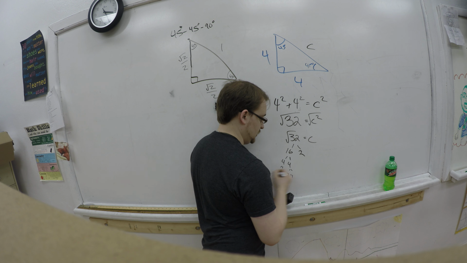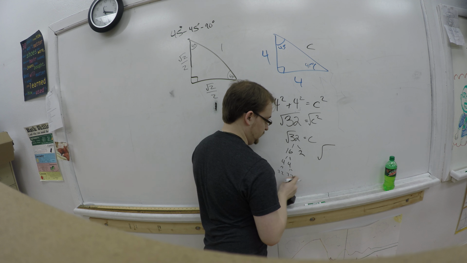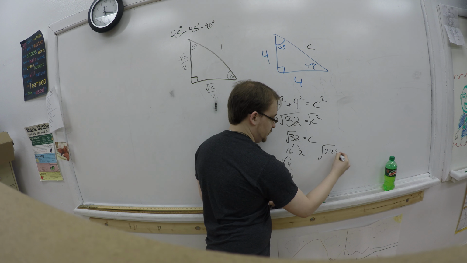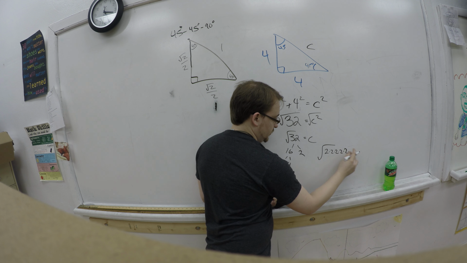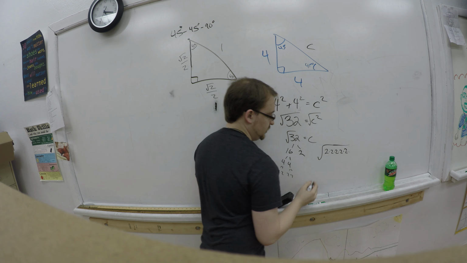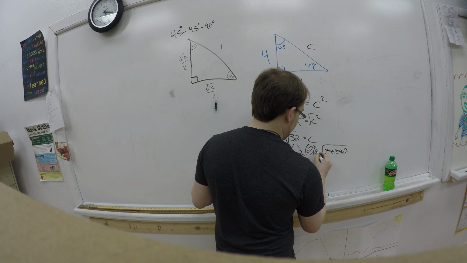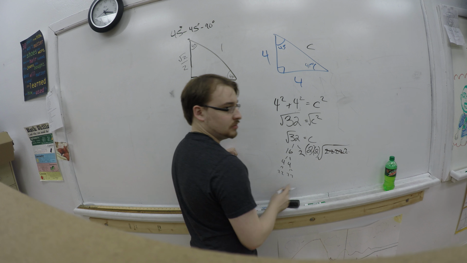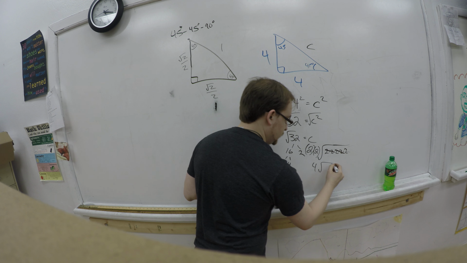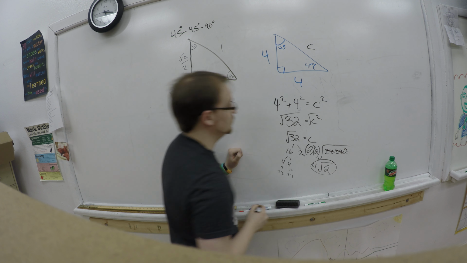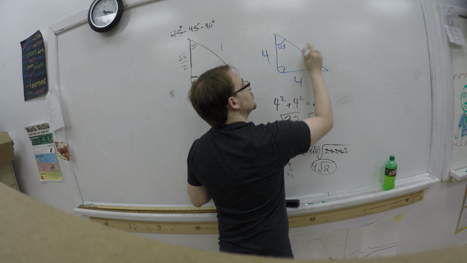A lot of 2's. They all go inside the jail. 5 2's, all in the jail. Pairs get out. And body bags, of course. 2 times 2 is 4 root 2. So this guy is going to be 4 root 2.